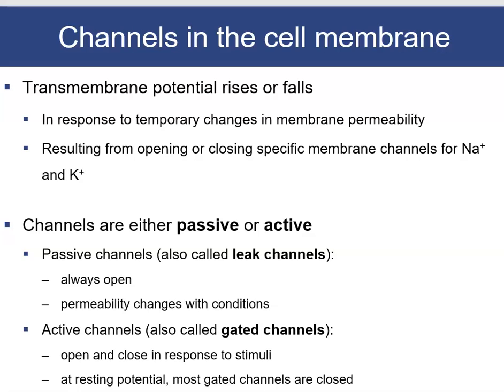Now, these channels in the membrane are either passive or active. Passive channels are called leak channels. They're always open, and this is how sodium and potassium can kind of sneak across the membrane. It makes the membrane leaky to both of these. And also their permeability and how leaky they are can change under different conditions.